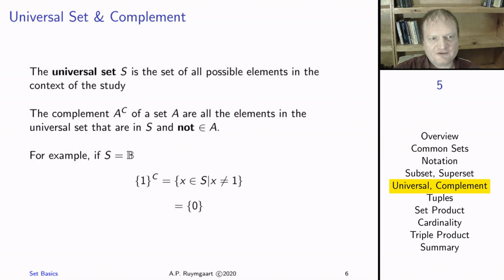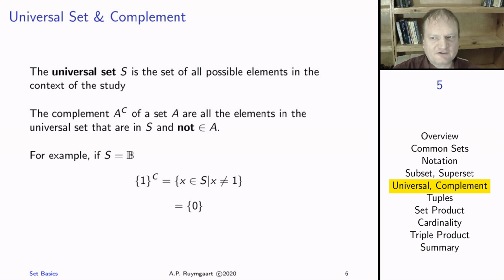Another important concept is that of the universal set and the complement of a set. The universal set, often denoted as the symbol S, is the set of all possible elements in the context of the study. So when we're dealing with Boolean numbers, typically the universal set is the Boolean domain that has all the Boolean numbers in it.